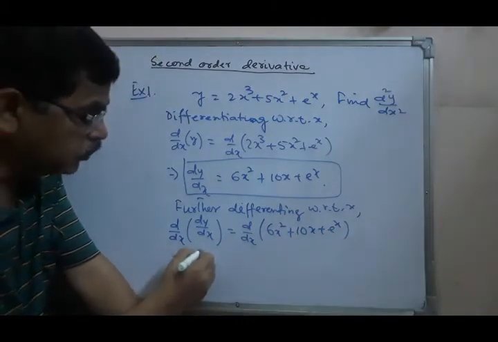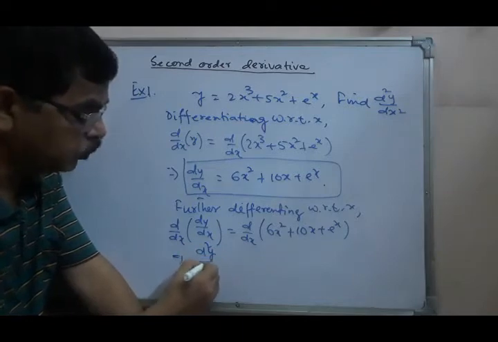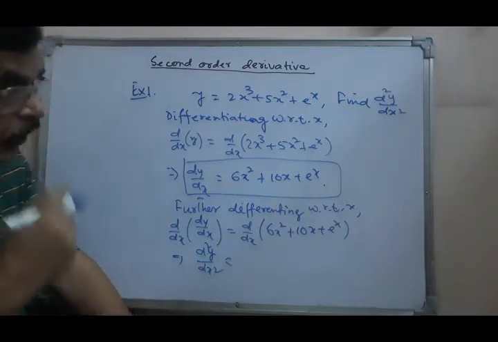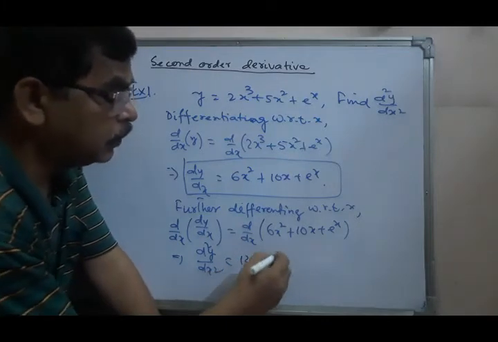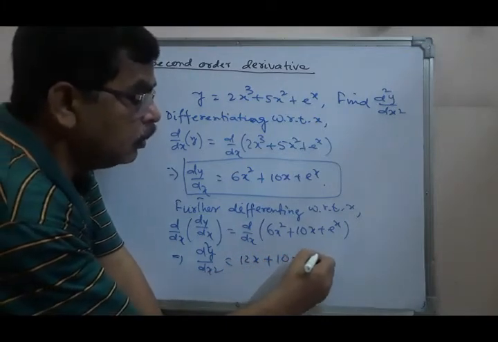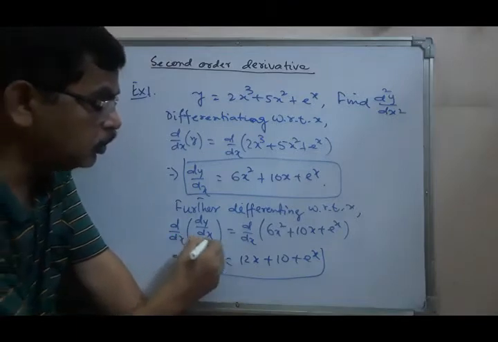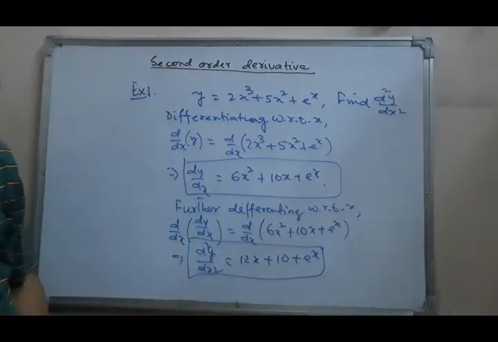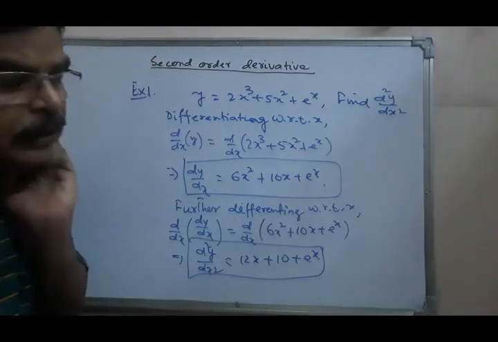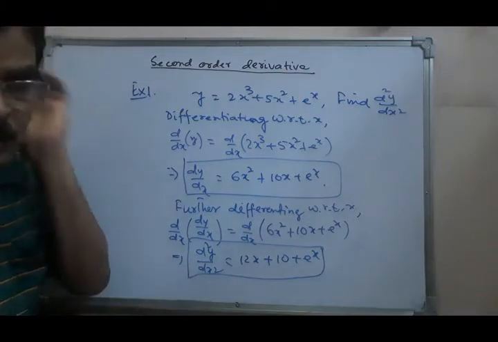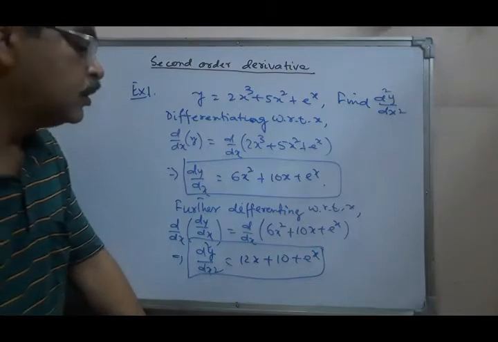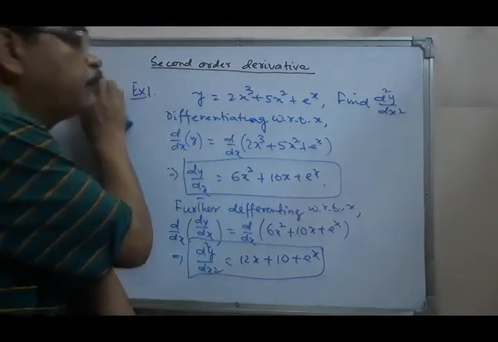This becomes d2y by dx2, which is the second order derivative, and the right side becomes 12x plus 10 plus e to the power x. So this is the second order derivative. Second order derivative is nothing but we do the derivative a second time. It is also called successive differentiation.